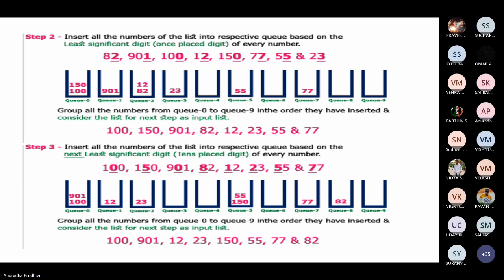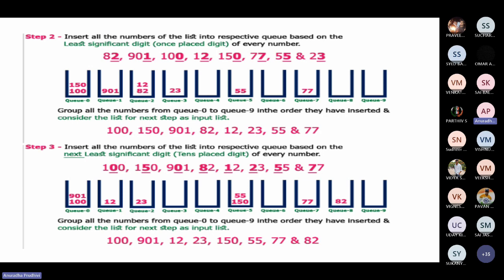See, now we have to group all the numbers from Q0 to Q9. So now 100, 901, 12, 23, 150, 55, 77, 82. Again the order changed, right? So like that we need to do.